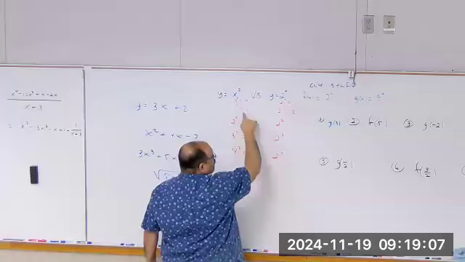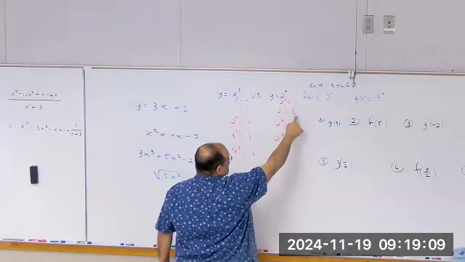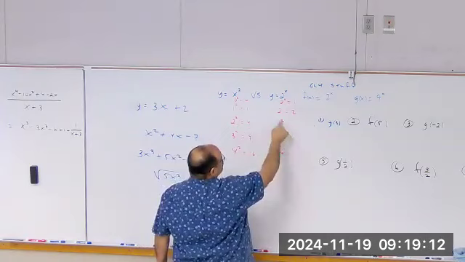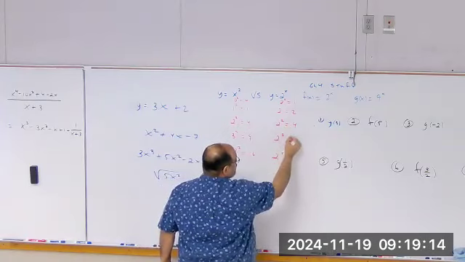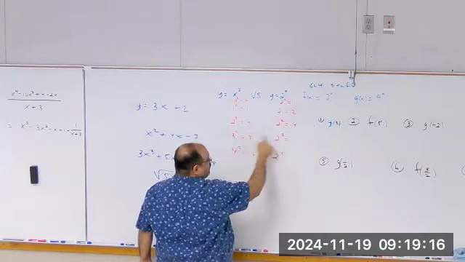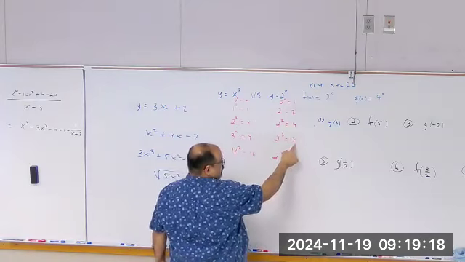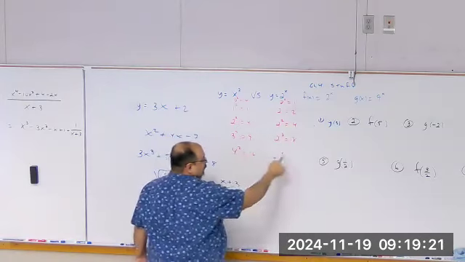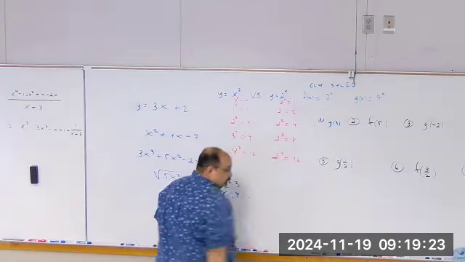But then at 1, this one's still winning. At 2, when you plug in 2 for x, they're tied. When you plug in 3 for x, this one's losing. When you plug in 4 for x, they're tied again.